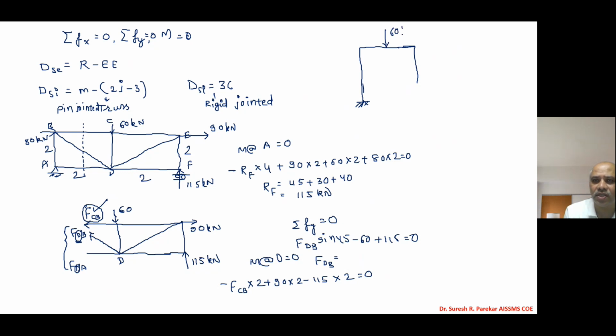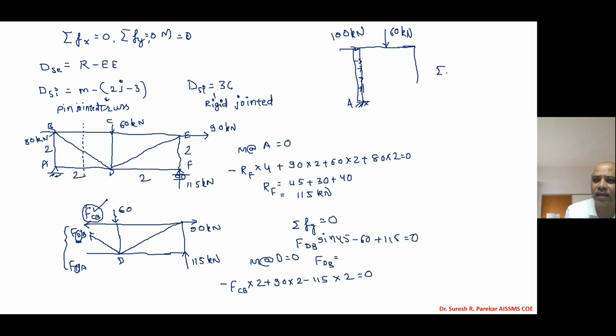Suppose this is 60 kilonewton, then this is 100 kilonewton, and here we again have some UDL. We are interested to find the reactions at A, which is fixed. Again you can see this is determinate.